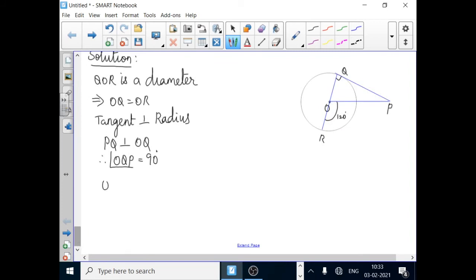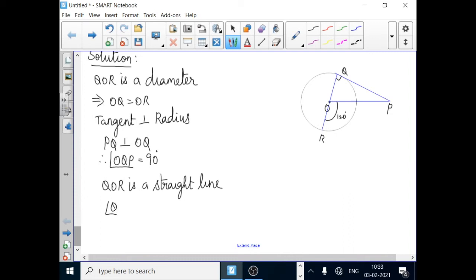Next, QOR is a straight line. Straight line means that the angle is 180 degree. The straight line means the full angle, it is 180 degree. We want angle QOP, so we can find it.